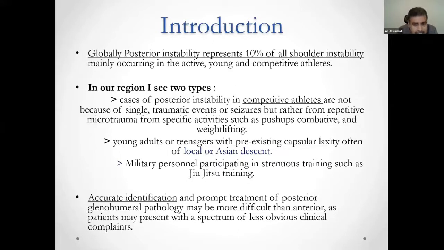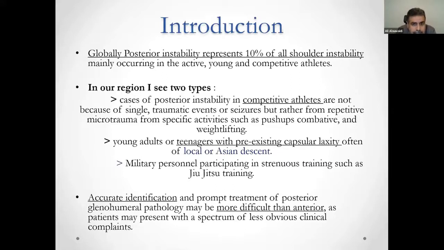Sometimes there is a single injury, but most of the time it is someone going to the gym, lifting weights for many months and years, and then over time this laxity, with small tears, develops into symptomatic posterior instability.